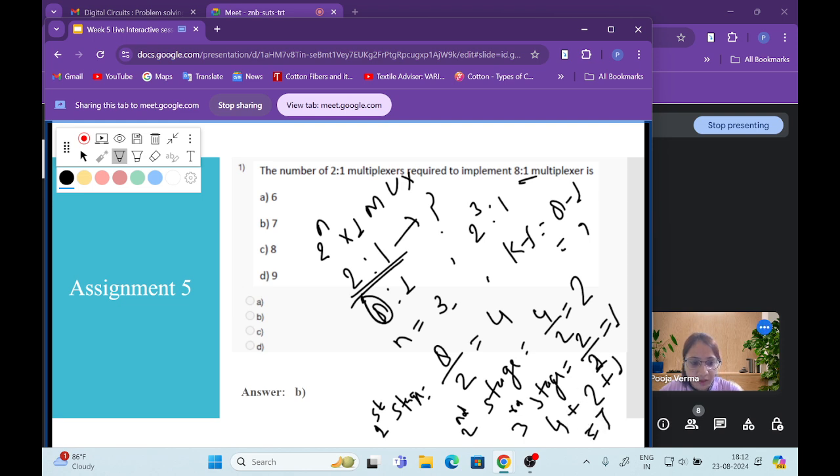So a total of 7 2:1 multiplexers are required to implement an 8:1 multiplexer. So option B is the correct answer for this question. I hope you understand this question. So can we move to the next question? It is 7.